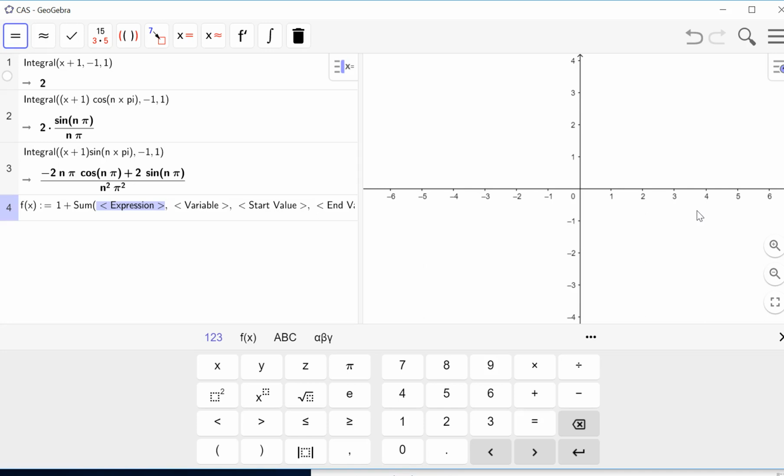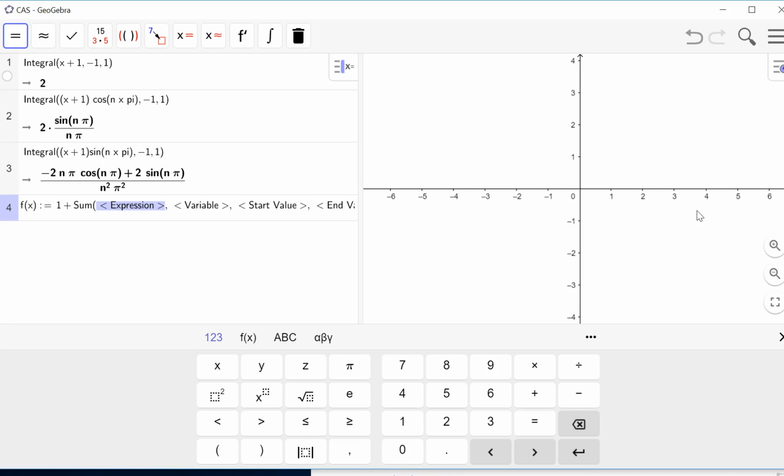I want to do the sum. I'll just write it this way now. The expression I want, well, typically we would do number 2 times cosine of n pi x, and then number 3 times sine of n pi x. I'm going to go ahead and do that. It's unnecessary in this one because that one's always 0, right?